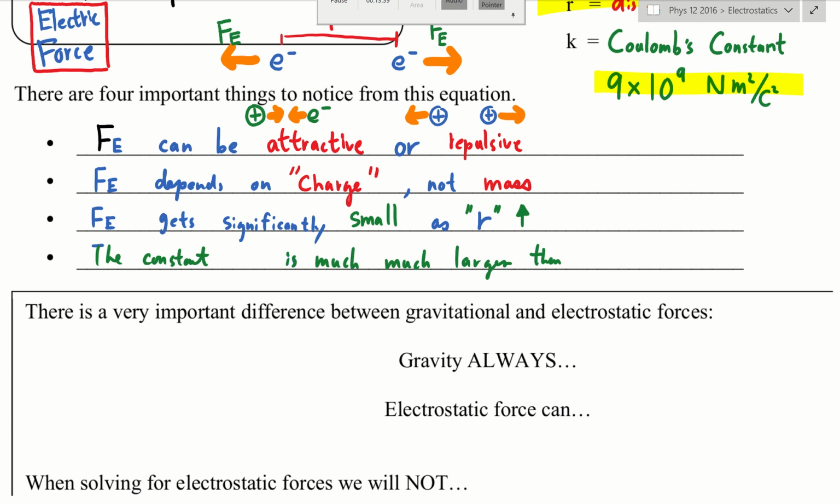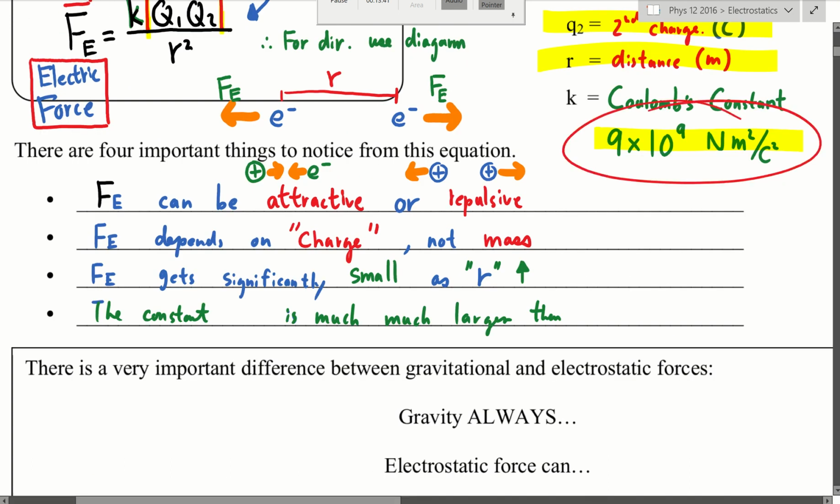The last thing to notice in here is this constant, the Coulomb constant, which is this K value, right? This constant K value right here. So this Coulomb constant K is actually much, much larger than the gravitational constant G. If you don't remember, K is 9 times 10 to the 9, right? Which is 9 billion.